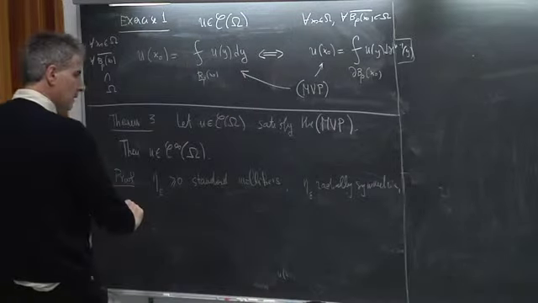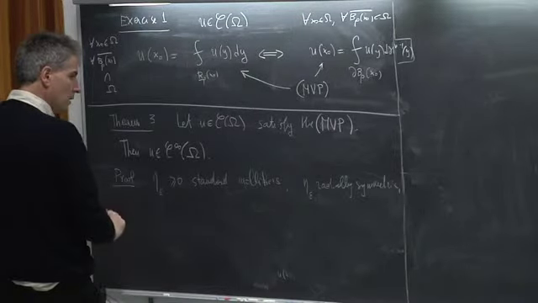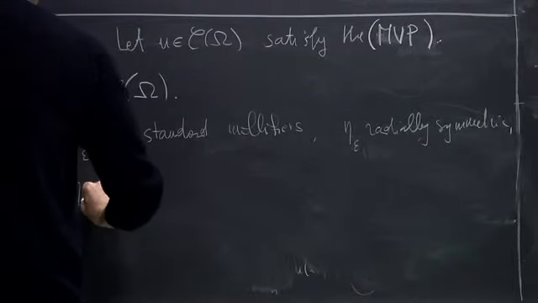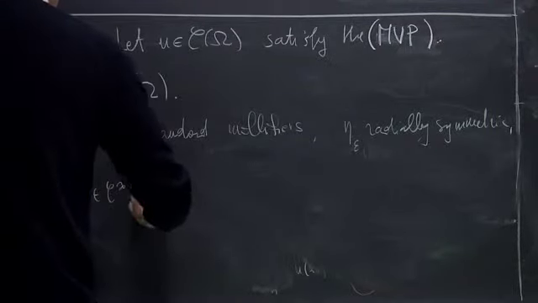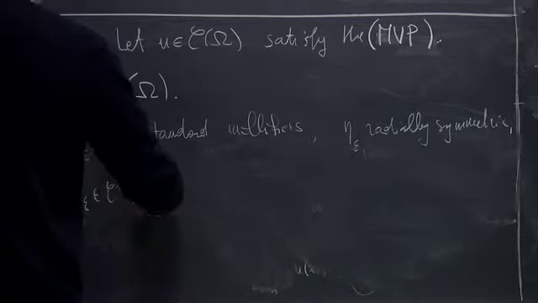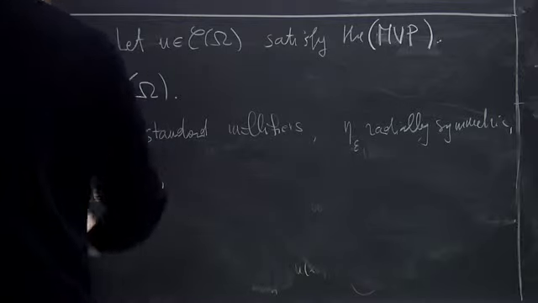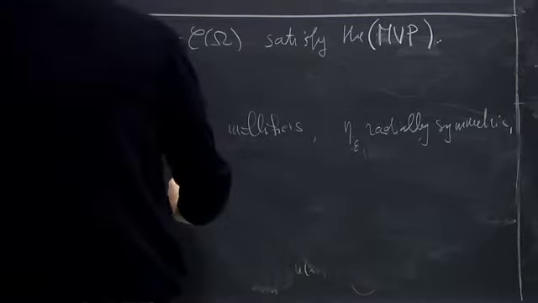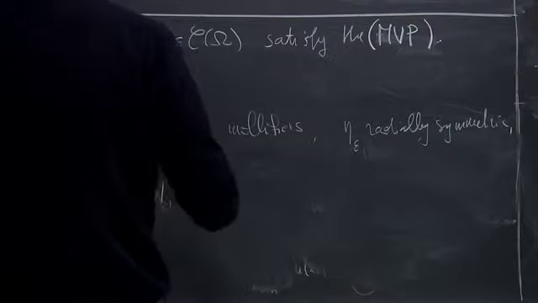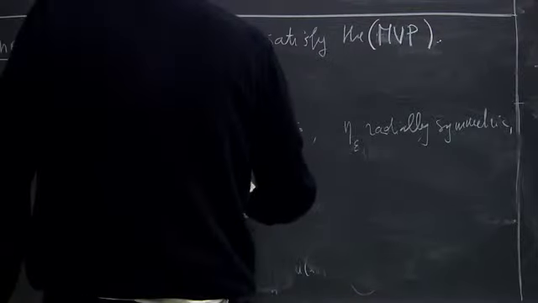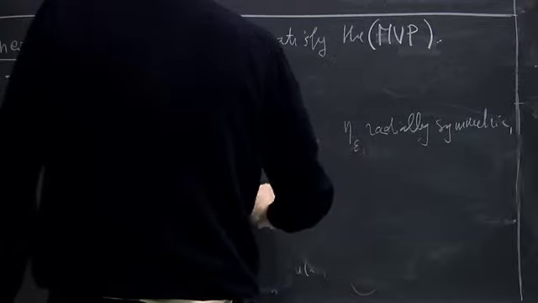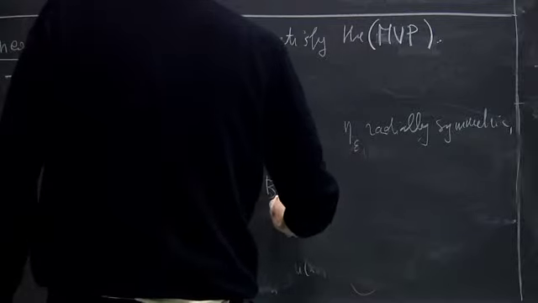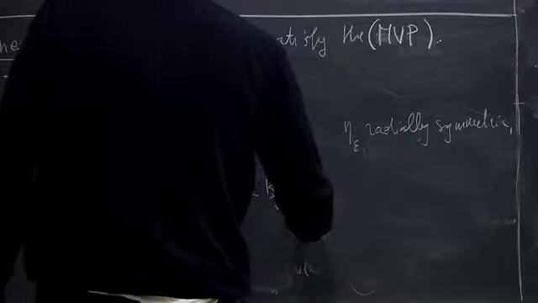It means that they are non-negative. It means that they are C infinity. It means that the support of eta epsilon is contained in B epsilon of 0.